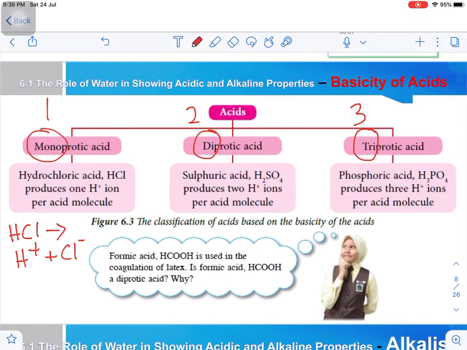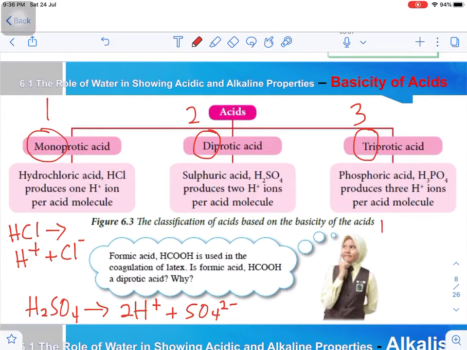Diprotic acid, for example, is sulfuric acid, because sulfuric acid, H2SO4, when ionized in water, will produce 2 hydrogen ion and 1 sulfate ion per molecule. Okay. So, phosphoric acid.